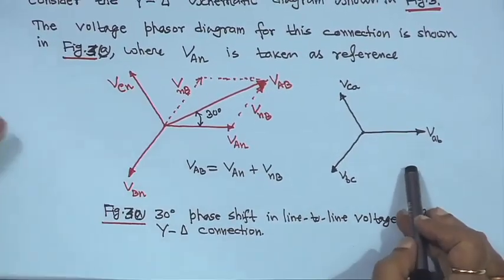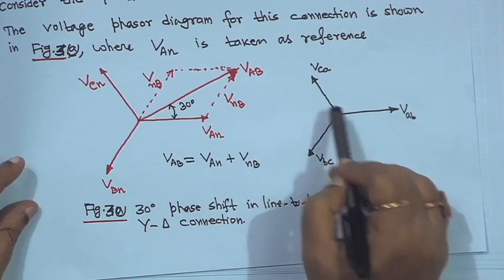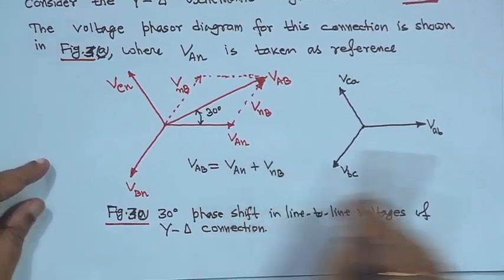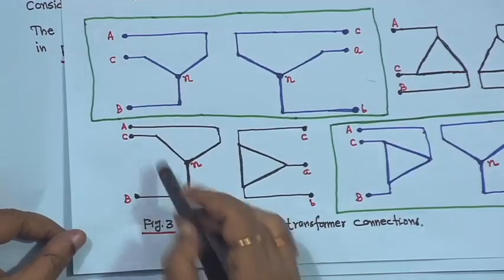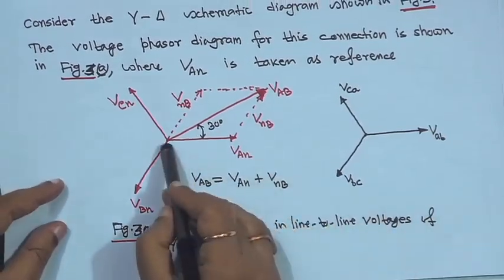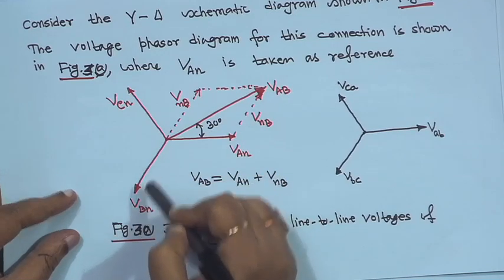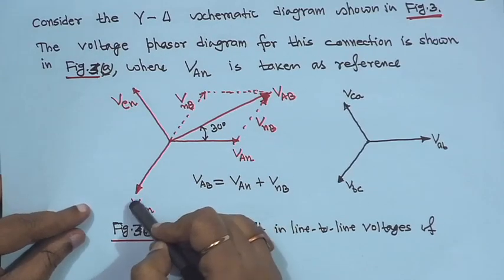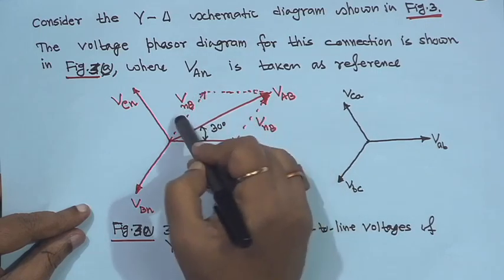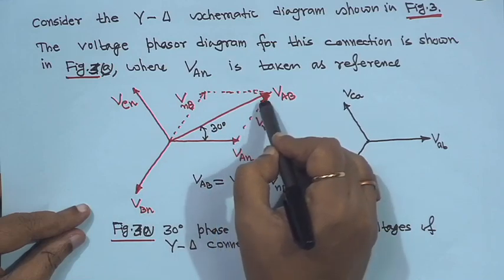If you draw the phasor, this is the delta side VAB, VBC, VCA, 120 degrees apart, since they are balanced. For the star side, VAN is taken as the reference. Then VBN and VCN are all 120 degrees apart. Take VNB just opposite, 180 degrees from VBN.